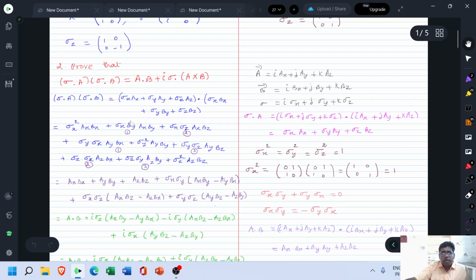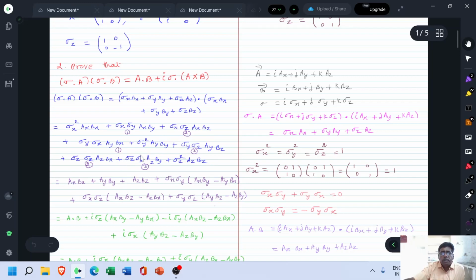Combining these two terms by taking sigma x sigma y outside, this is written as ax by minus ay bx, because sigma x sigma y equals minus sigma y sigma x. So in this way we have developed this equation.